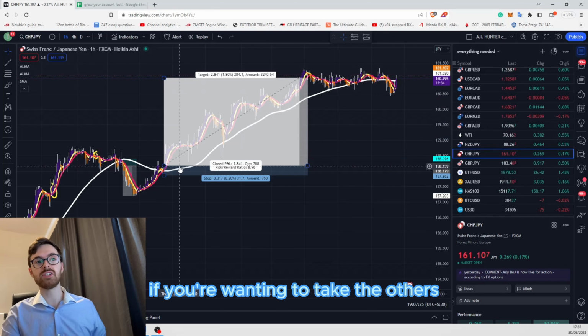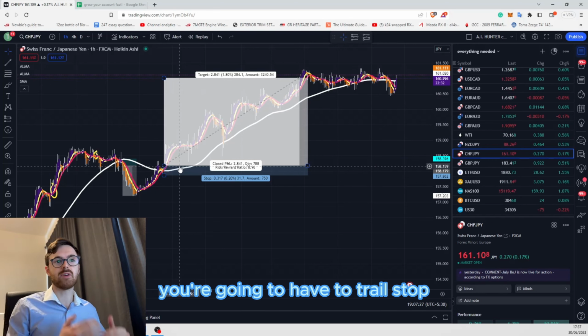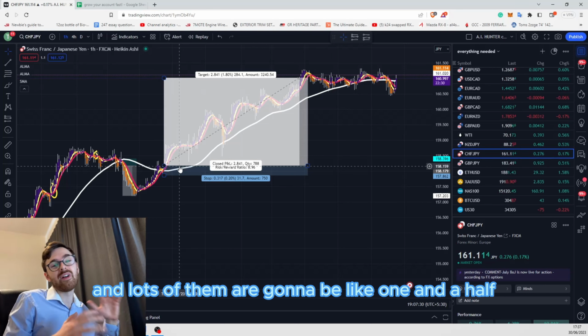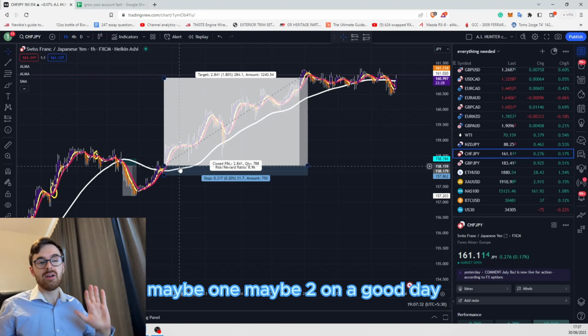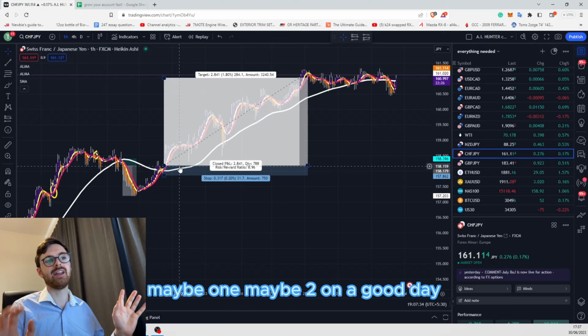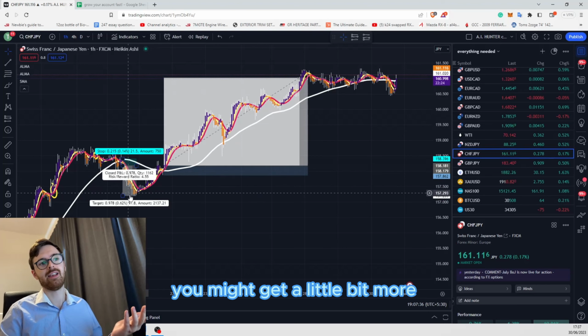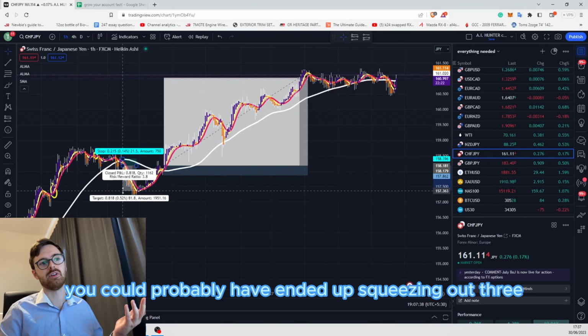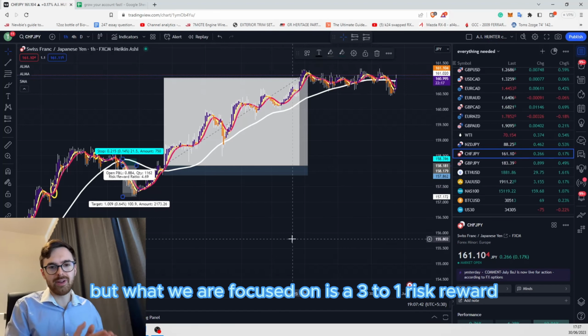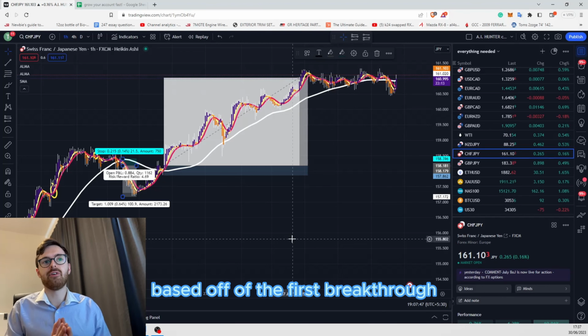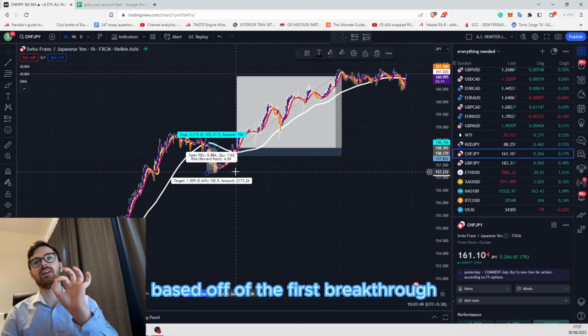If you're wanting to take the others, you're going to have to trail stop, and lots of them are going to be like 1.5, maybe 1, maybe 2 on a good day, or if it does push, you might get a little bit more. For instance, like this one, you could probably have ended up squeezing out 3. But what we are focused on is a 3 to 1 risk reward based off of the first breakthrough.